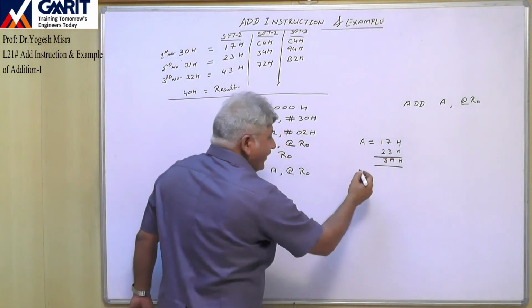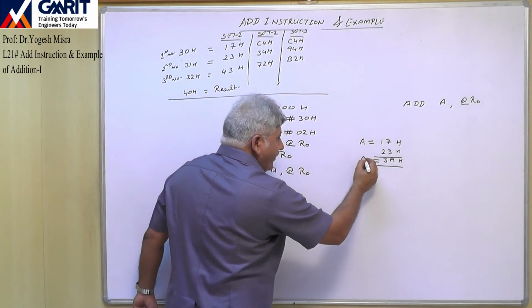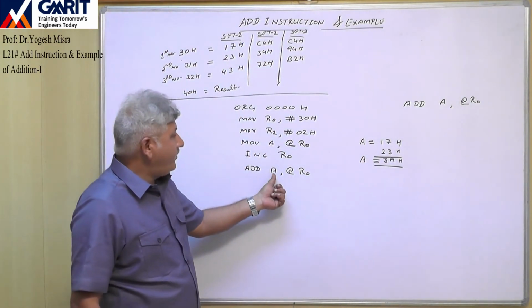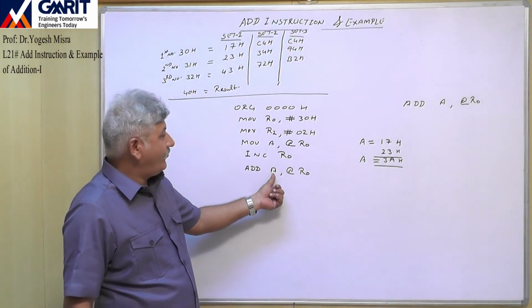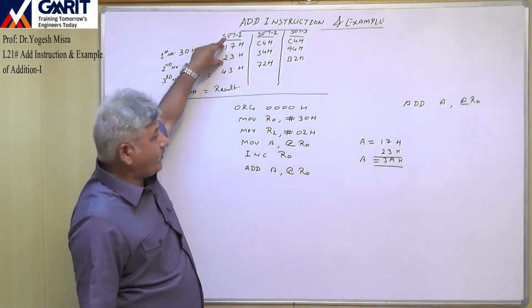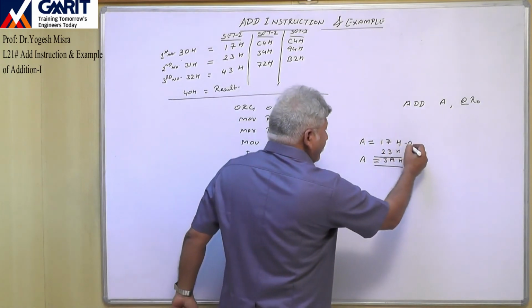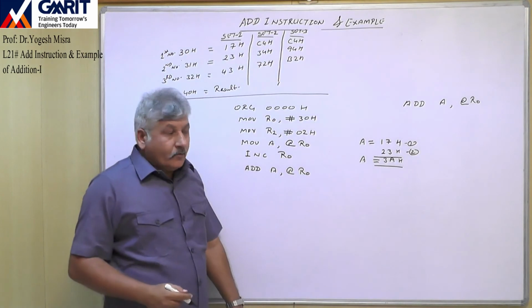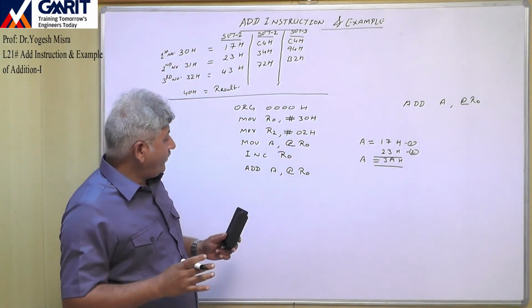This is the result, and this result you will find in A register. So after this instruction you will find in A 3AH, which is the addition of first two numbers. So this is our first number and this is our second number. So we have completed the addition of first two numbers.